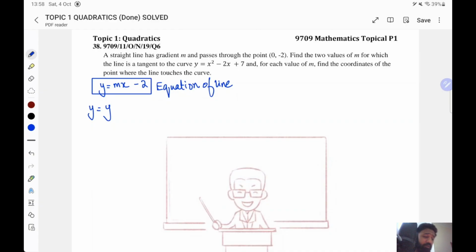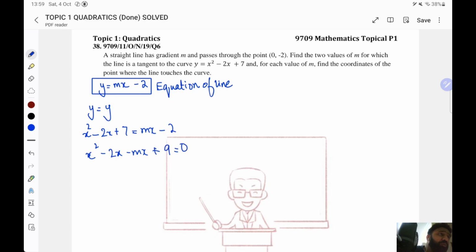Okay, now what do we need to do? We need to put the line and curve equal to each other, which will be x square minus 2x plus 7, and it will be equal to mx minus 2. So x square minus 2x minus mx plus 9 will be equal to 0.